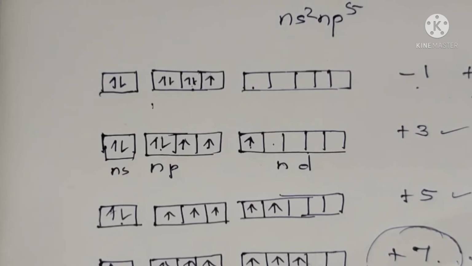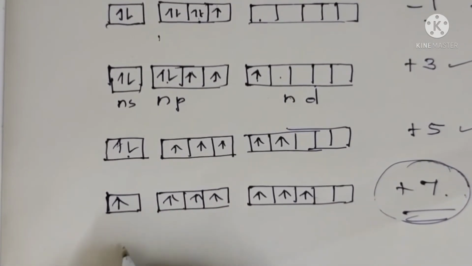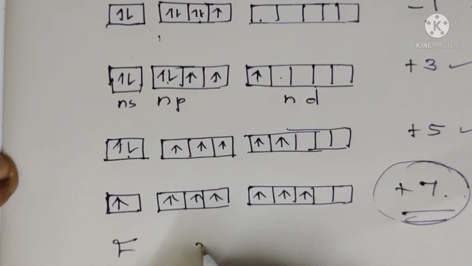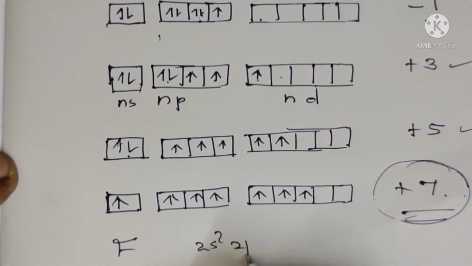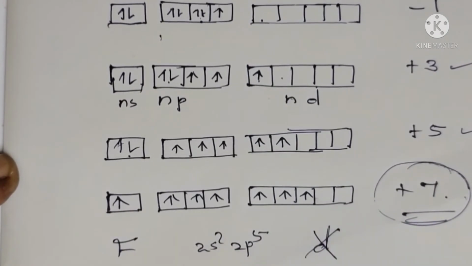But if we are talking about fluorine, fluorine having 2s2 2p5 configuration, so there is no d orbital.